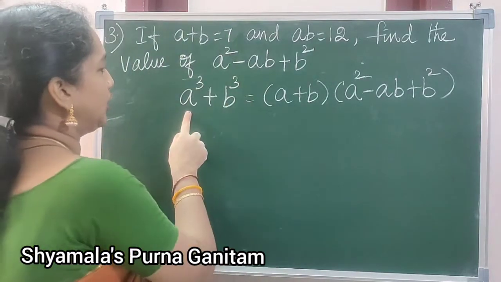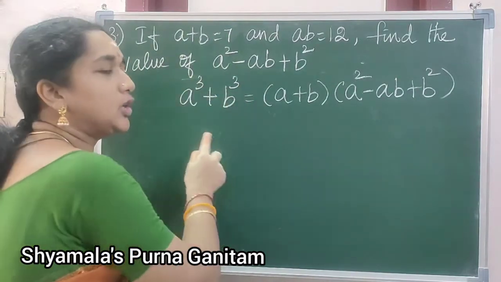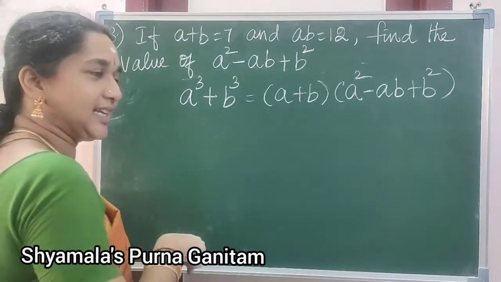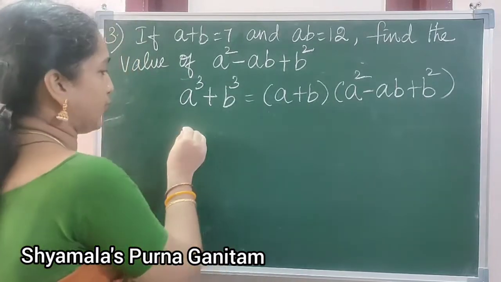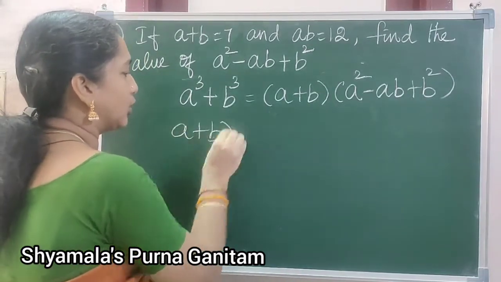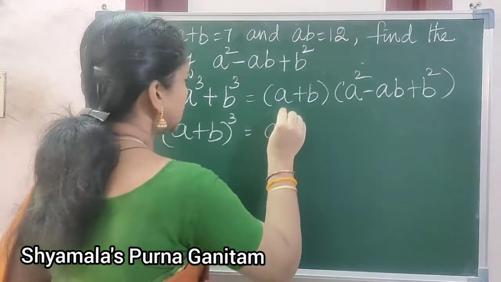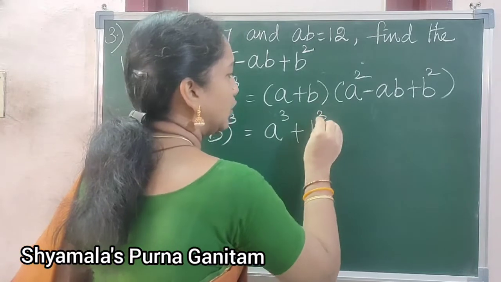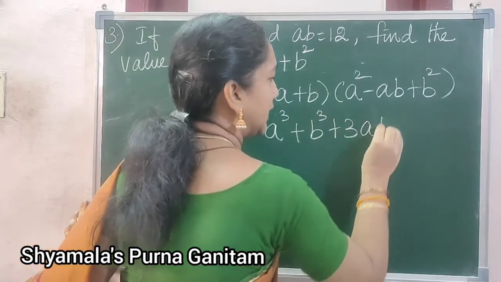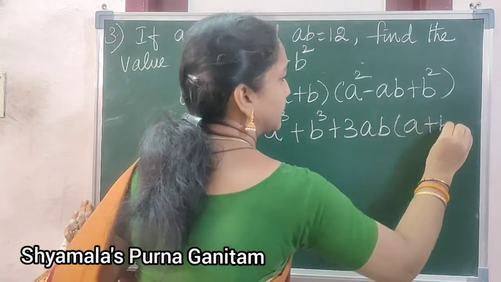So for doing this, a cube plus b cube you will get from the a plus b the whole cube formula. What is the a plus b the whole cube formula? a plus b the whole cube is equal to a cube plus b cube plus 3ab into a plus b.